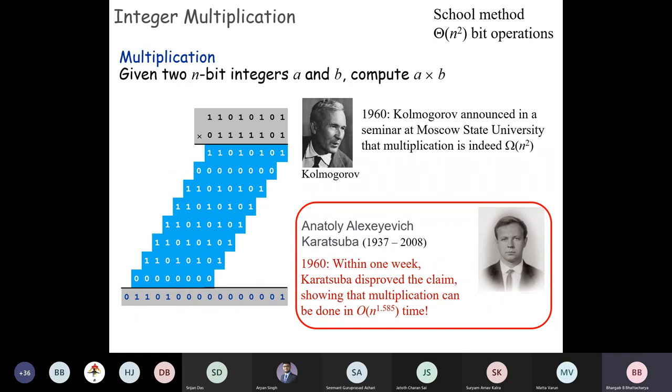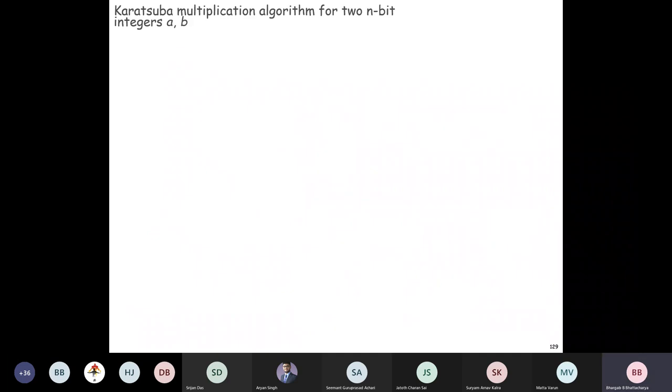His algorithm was very simple, but he used a very simple trick to show that this can be implemented in n to the power 1.585. Well, here is this algorithm. This is Karatsuba's famous algorithm for multiplying two n-bit integers a and b.